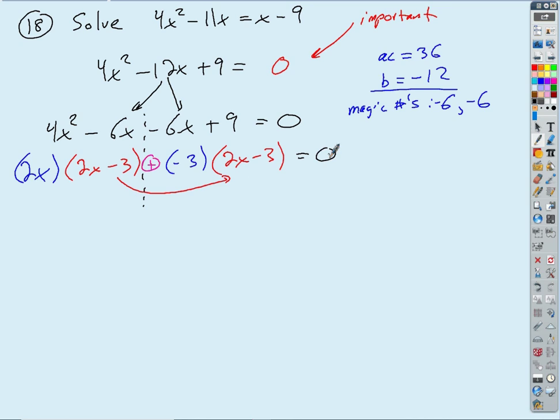So now that I made sure that the factors were the same, that they were common, I can factor out that common factor, and we get 2x minus 3 times what? 2x plus negative 3.